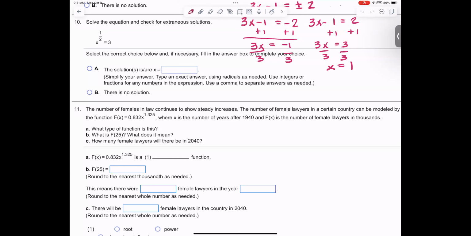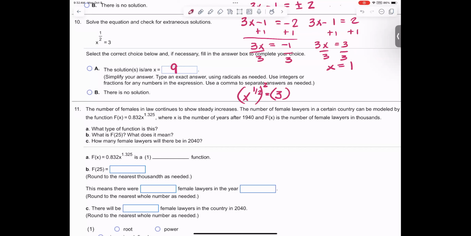9? As a matter of fact, if we take x to the 1/2 equals 3, and we square both sides, when we raise a power to a power, we multiply the exponents.